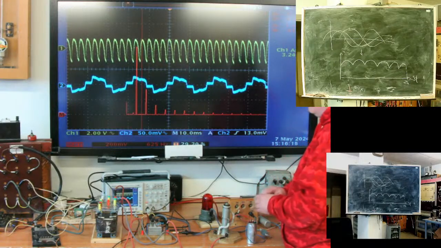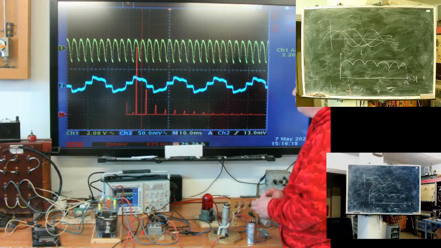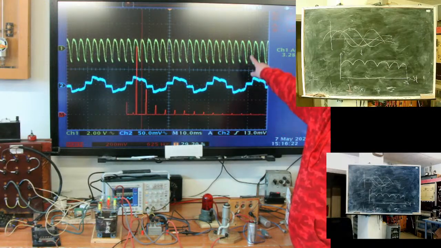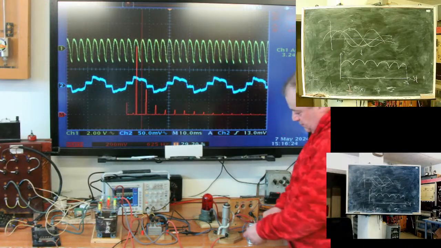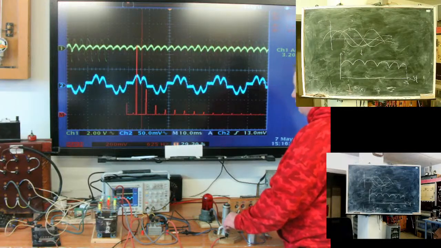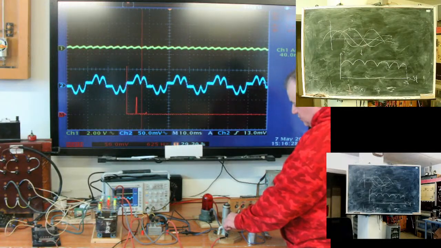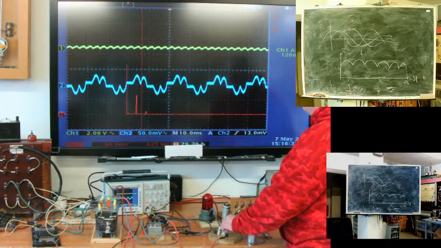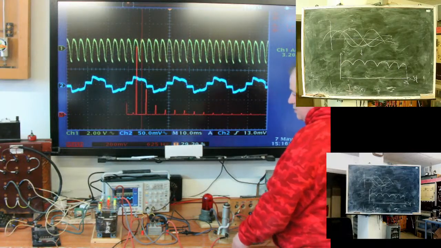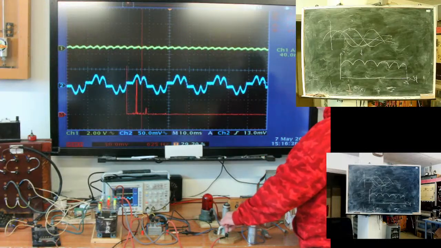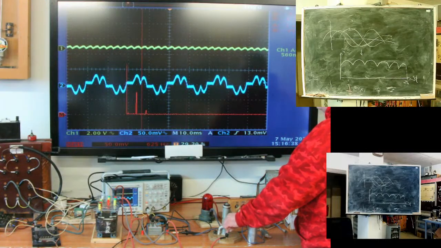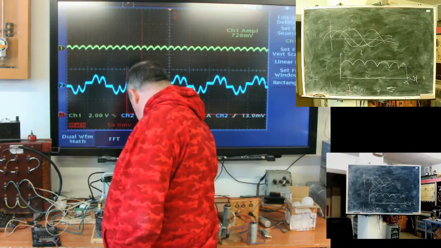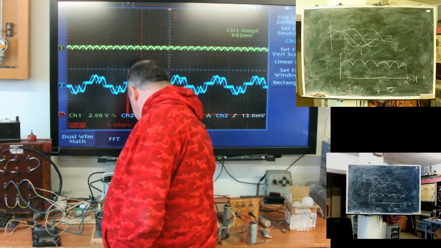Blue line is the current of phase A. Red line is the spectrum of output. I'm adding 50,000 microfarads. Ripple reduces. Very nice spectrum.